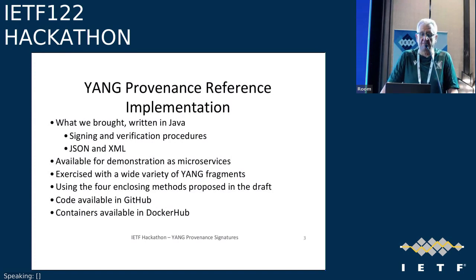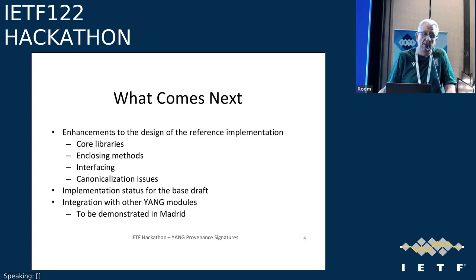We have exercised these signature and verification mechanisms with a number of YANG fragments of different sizes, schemas, and encoding. The code is now available in GitHub, and the images used for the microservices are available in Docker Hub.